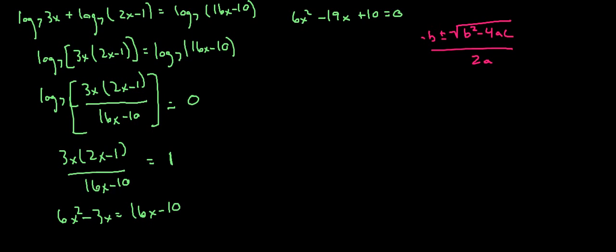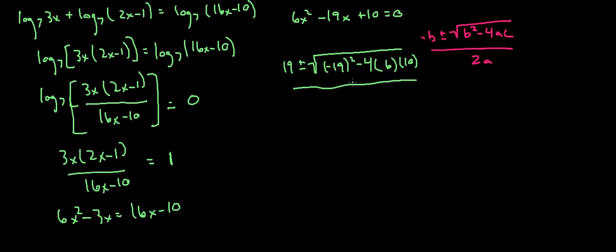So minus b, that's positive 19 plus or minus the square root of minus 19 squared minus 4 times 6 times 10 over 2 times 6.